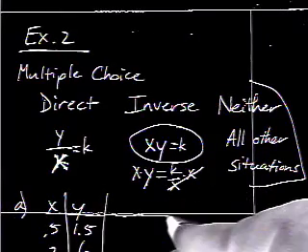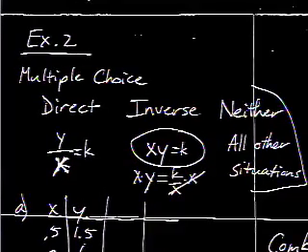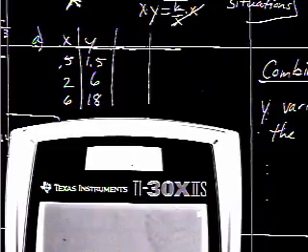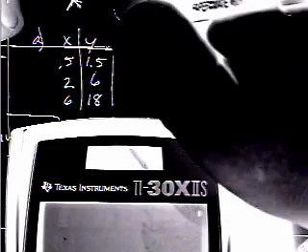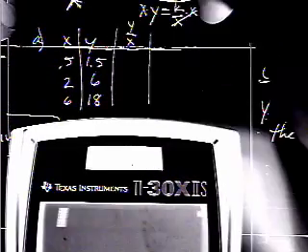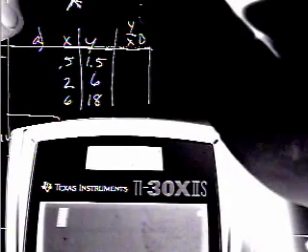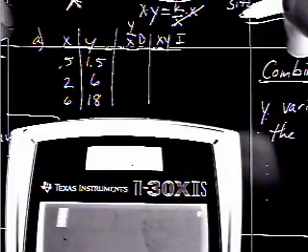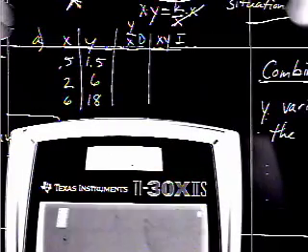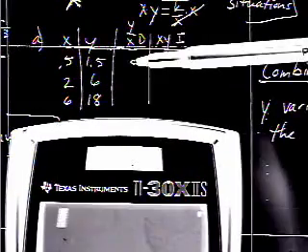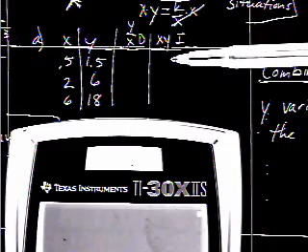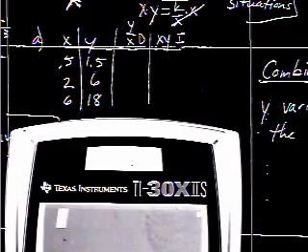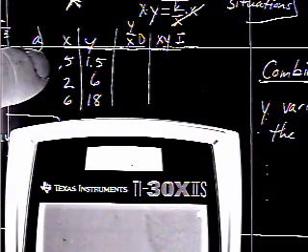So for instance, if I'm trying to figure out this chart right here, y over x, that'll be direct relationship. x times y will be inverse. And if I don't get the same number in this column or the same number in this column, then I have to conclude neither. So let's see here.